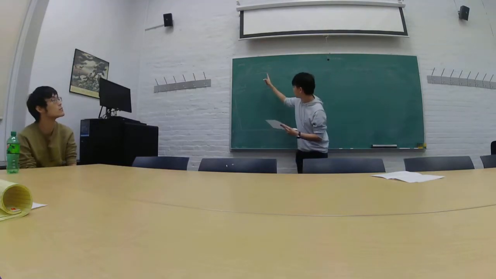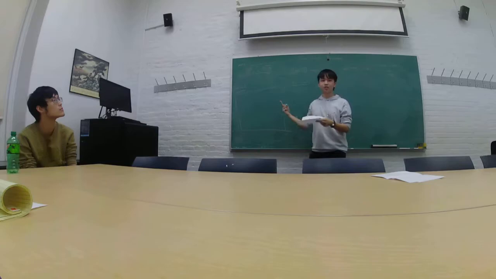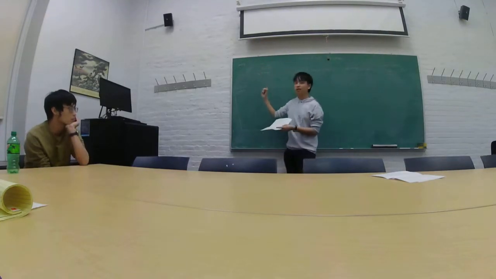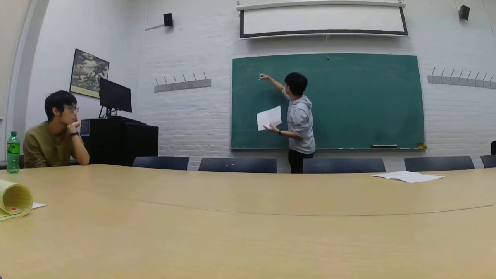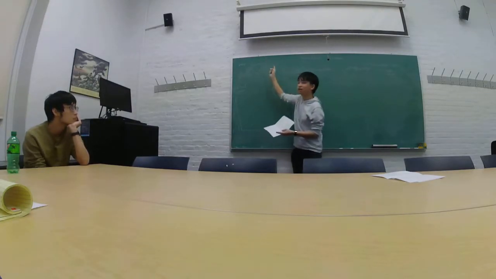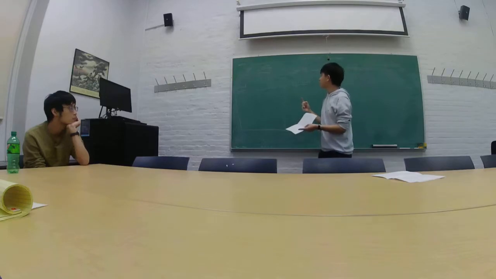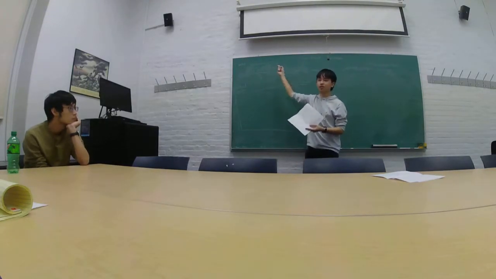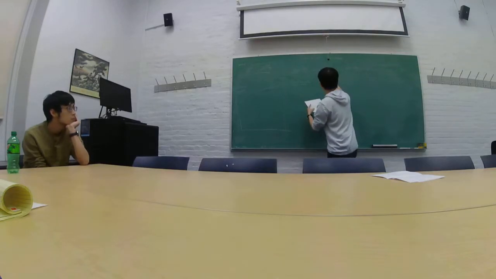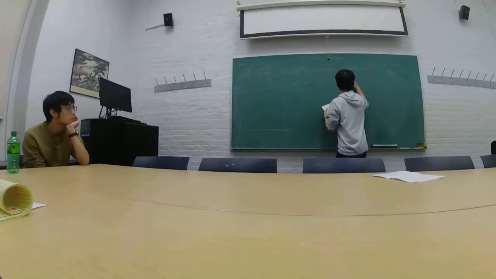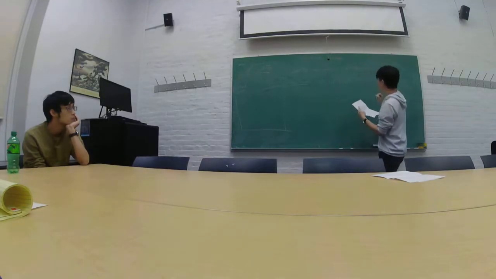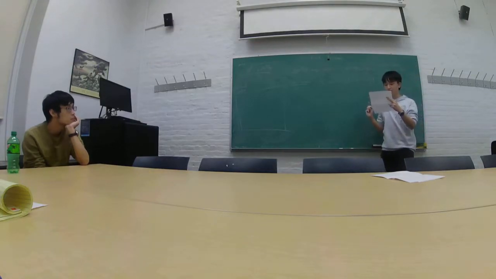And because the map is much smaller than the actual campus, the distance between X and Y is much larger than the distance between Tx and Ty. And we may assume that this distance is larger than 10 times of this distance. And we can write in this way: the distance between Tx and Ty is less than 1 over 10 of the distance between X and Y for all points X and Y.